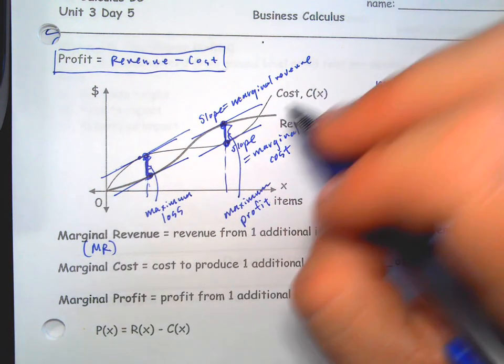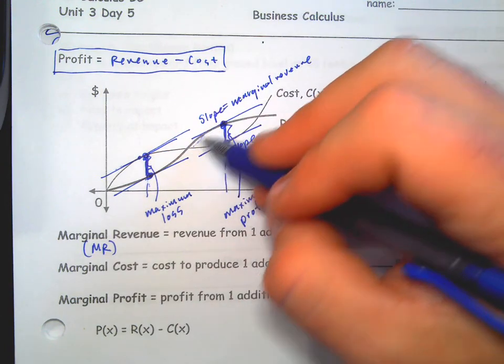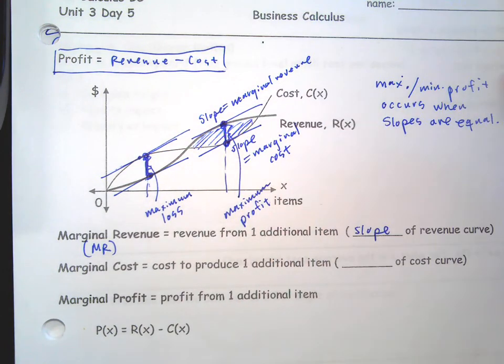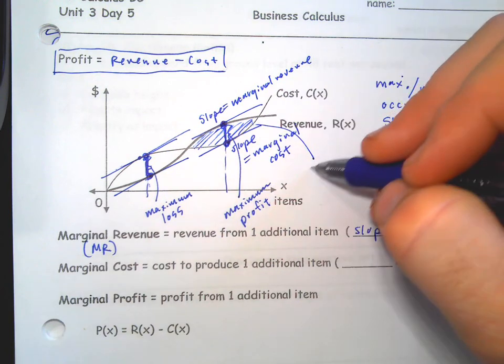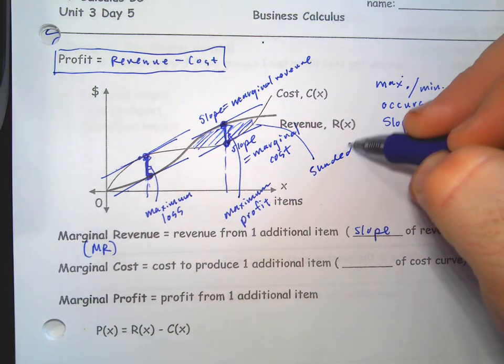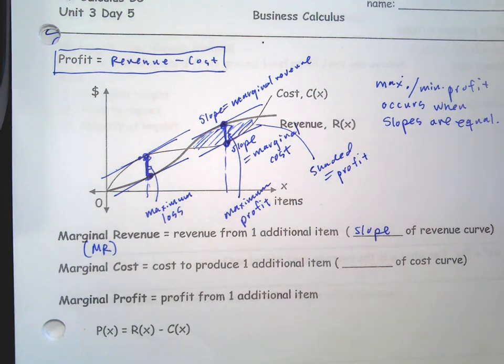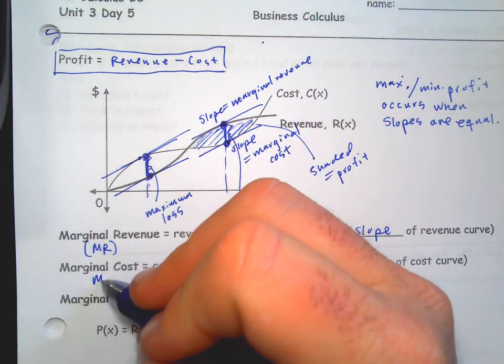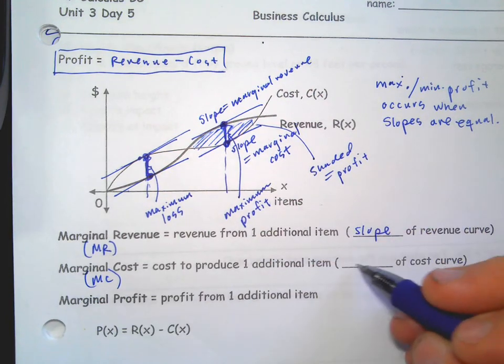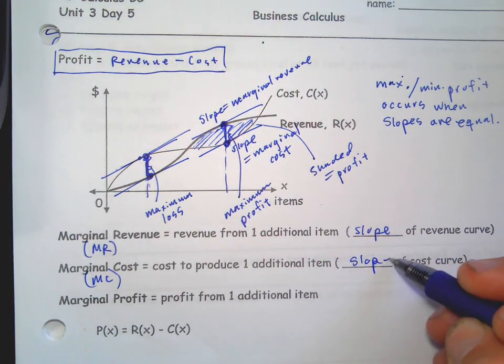Okay. And so right here, this shaded region is all territory where we're making a positive profit. So marginal cost, MC, is the cost of one additional item. It's the slope of the cost curve.